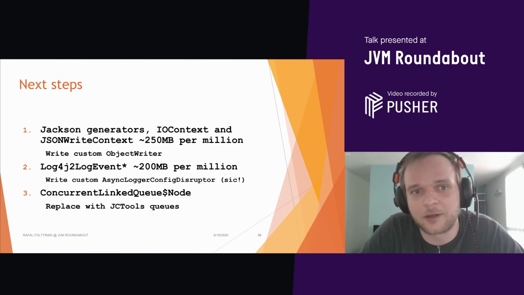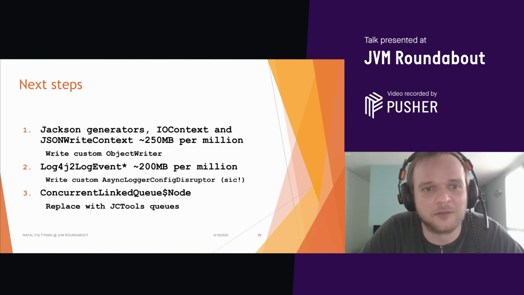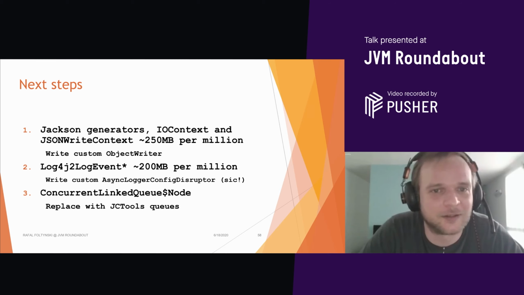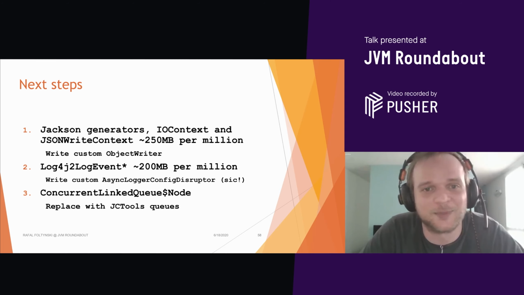Also, Log4j 2 events were consuming over 200 megabytes per million. So let's just introduce the pool into a logger disruptor config, because why not? Unfortunately, the design of the default async logger config disruptor does not allow any sensible extensions.